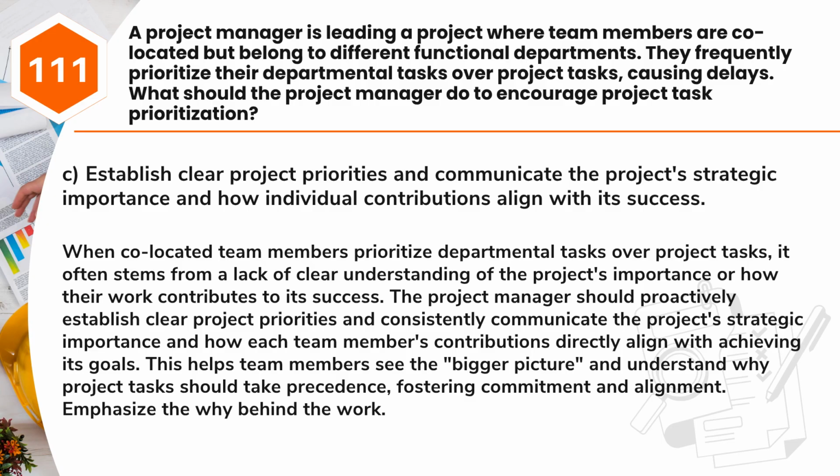The project manager should proactively establish clear project priorities and consistently communicate the project's strategic importance and how each team member's contributions directly align with achieving its goals. This helps team members see the bigger picture and understand why project tasks should take precedence, fostering commitment and alignment. Emphasize the why behind the work.